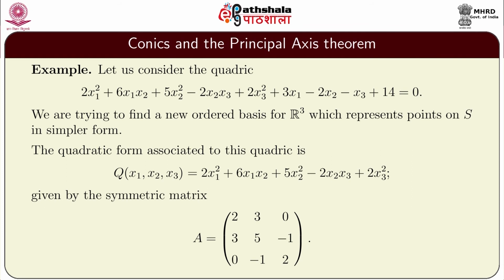The principal diagonal entries are the coefficients of x1², x2² and x3², namely 2, 5 and 2, and the off diagonal entries are given by the following rule. If you are looking at the ijth position, look at the monomial xi xj in the expression, look at its coefficient, divide it by 2 and put that number at the ijth position of the matrix, and that naturally gives rise to a real symmetric matrix.